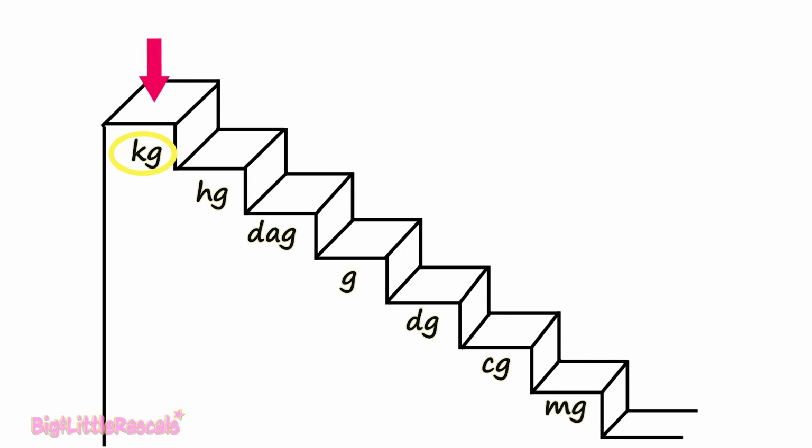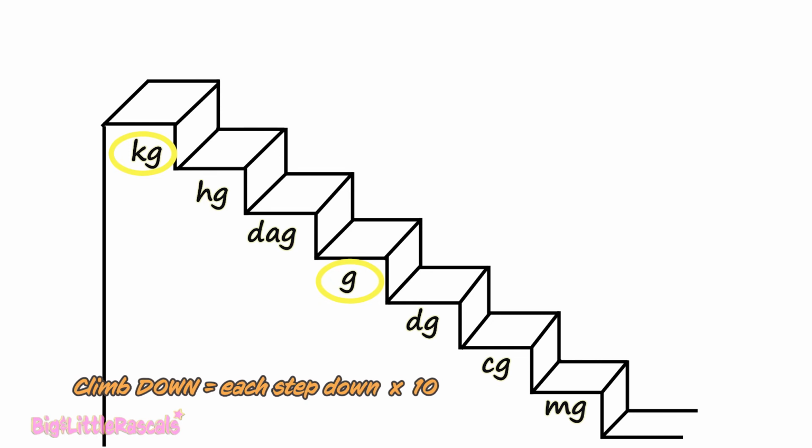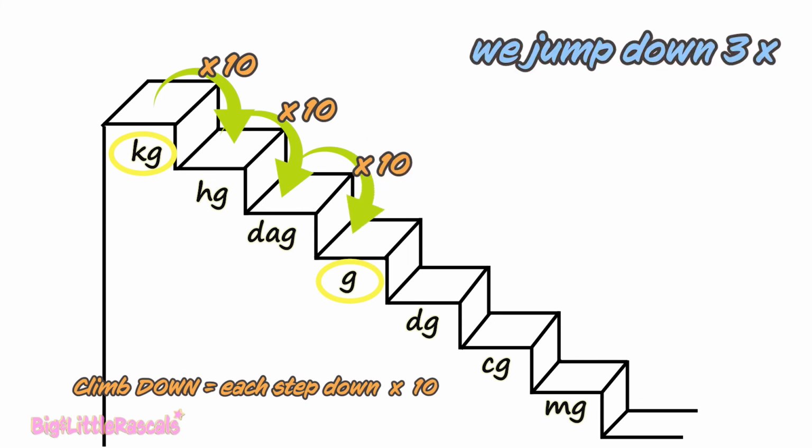First, find where the kilogram is. There it is. Then find the gram. Then you need to jump down from kilogram to gram. Remember the formula. As you are climbing down, each step that you jump down, you need to multiply by 10. 1, 2, and 3 jumps.